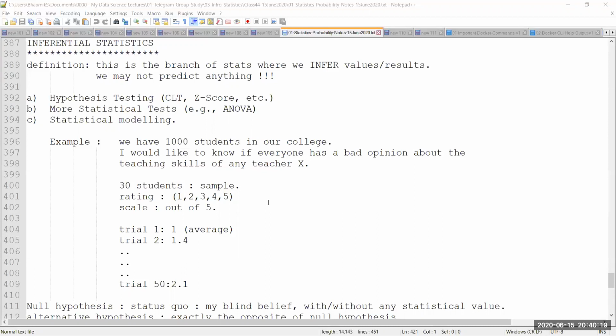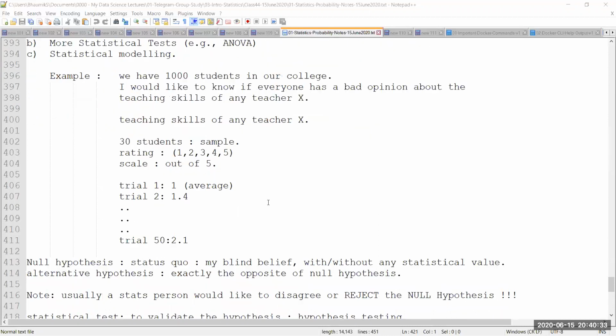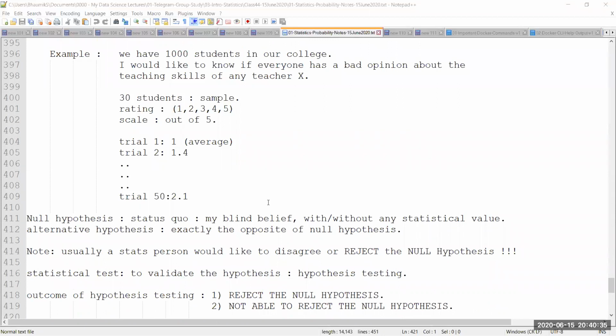And this is a very favorite thing of any statistician, because any statistical test is almost usually performed to find out whether there is any way to reject the null hypothesis. So that's the terminology we learned: if we are not in agreement with the hypothesis, with the status quo, then we find alternatives.